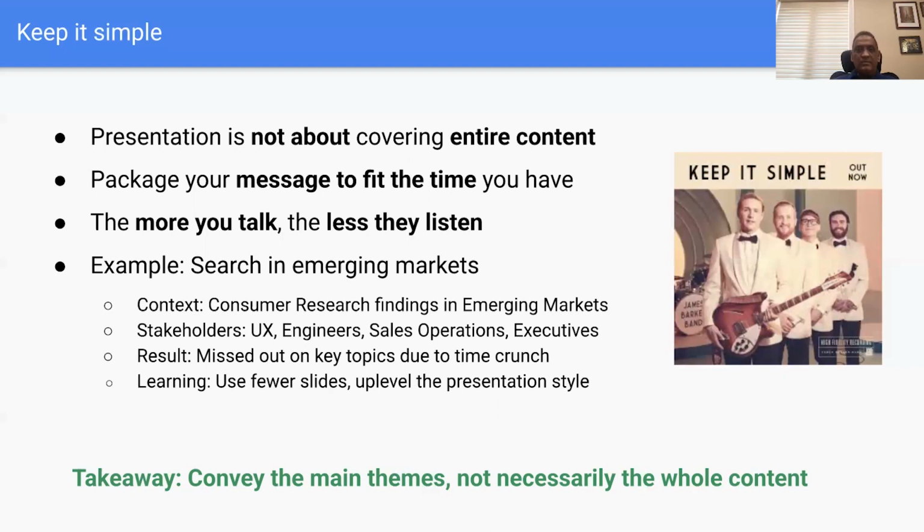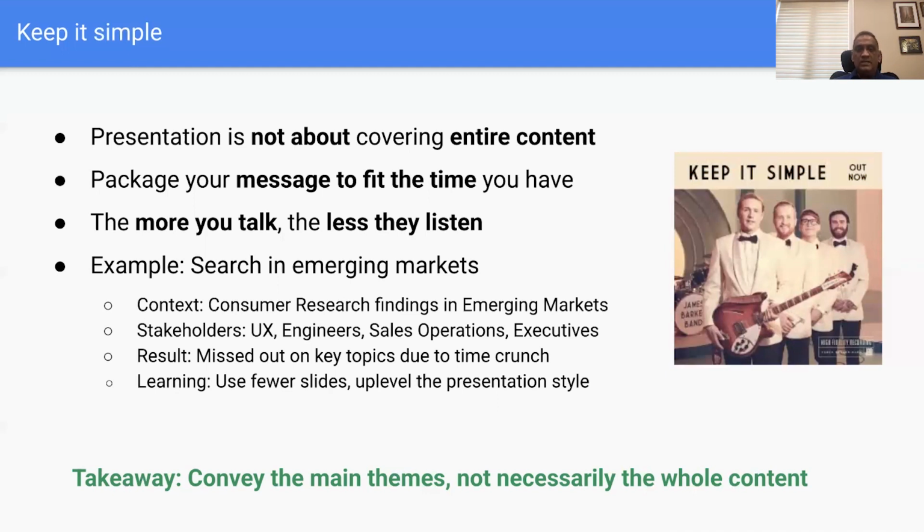But when I came to talk about keep it simple, what I meant was that based on the amount of time that you have, based on the specific message that you want to give, or the ask that you have of the executives, you've got to get to the point as quickly as you can and as succinctly as possible, because first you cover that aspect, then you are free to talk about any other tangential topics or the Q&A that people might have.